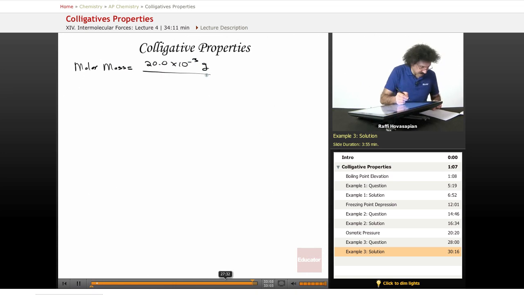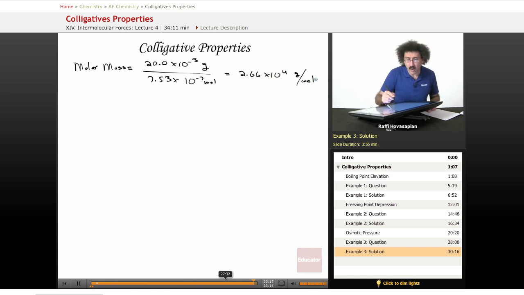I'm perfectly free to do that. Divided by 7.53 times 10 to the negative 7 mole. When we do that division, we get 2.66 times 10 to the 4th grams per mole. That is huge, 2,660 grams per mole. That's actually pretty small for a protein.